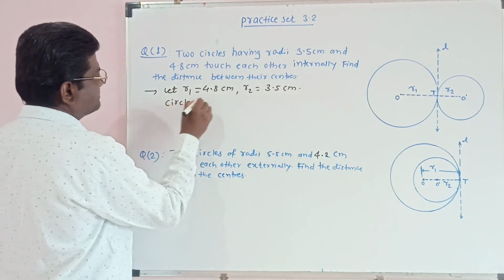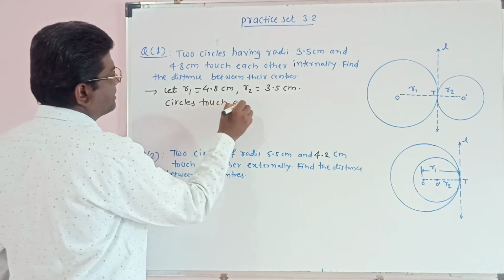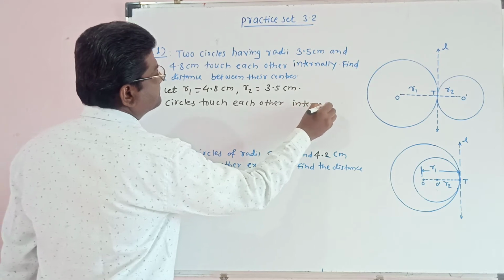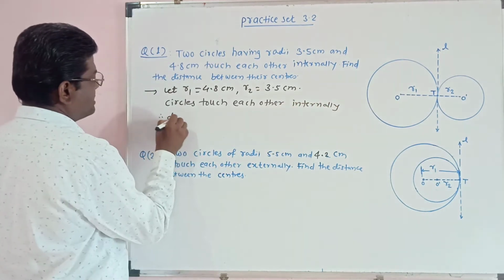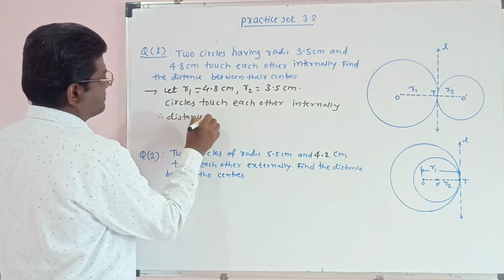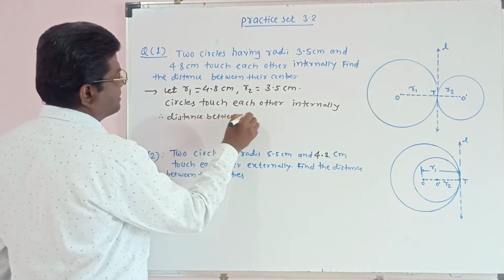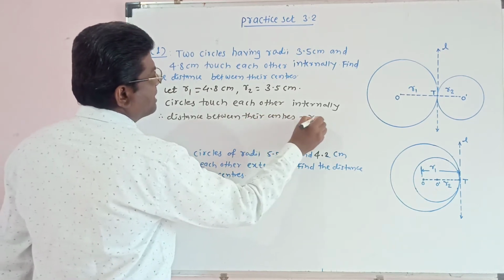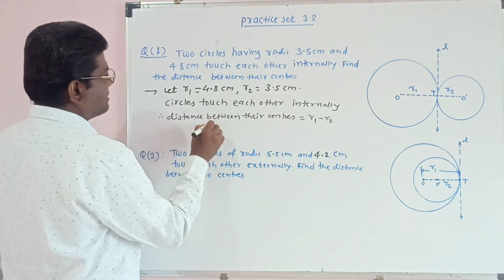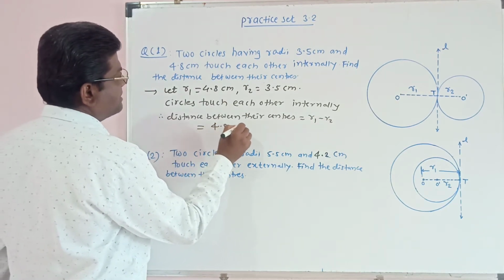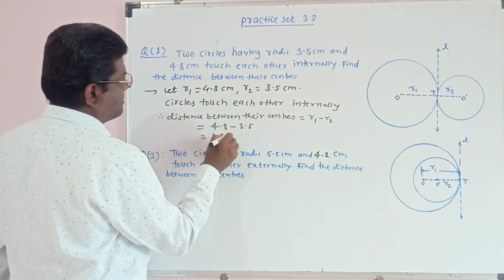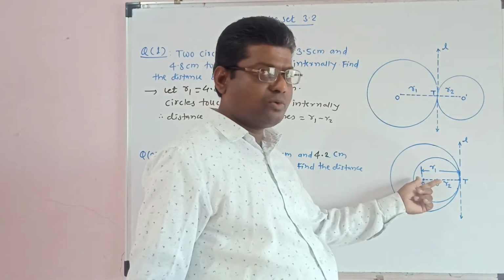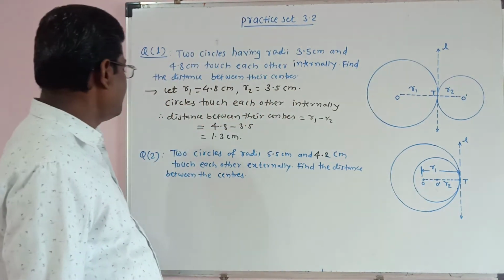Circles touch each other internally, therefore distance between their centers is equal to R1 minus R2, which is 4.8 minus 3.5, equal to 1.3 centimeter. So the distance between their centers, O O dash, is 1.3 centimeter.